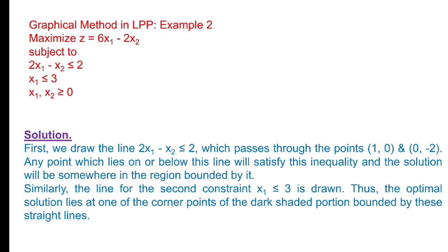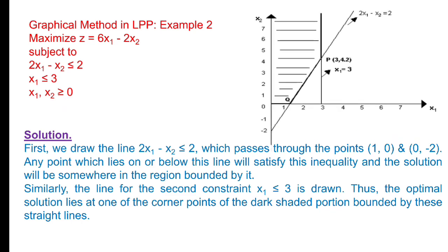The optimal solution lies on one of the corner points of the dark shaded portion bounded by these straight lines. This is what we are going to see in the next diagram. Look at the diagram: the first constraint has the points 1 comma 0 and 0 comma minus 2, extendable.